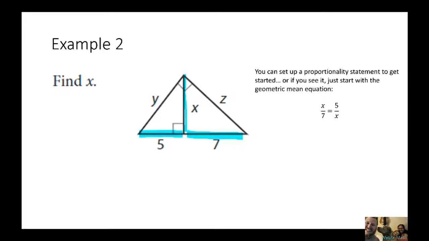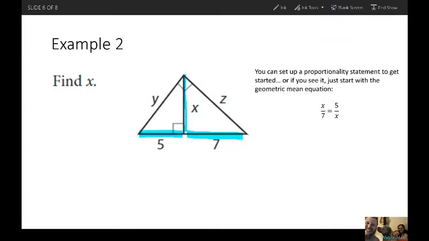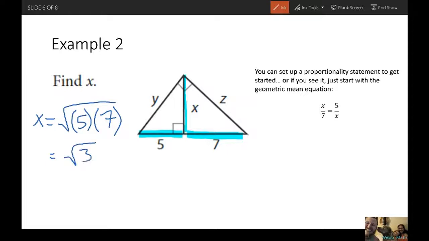If you want to be efficient and independent, you can go ahead and just start doing something like this, because you know how to set it up already, because you know your theorem. Okay. And that would just be the square root of 35.